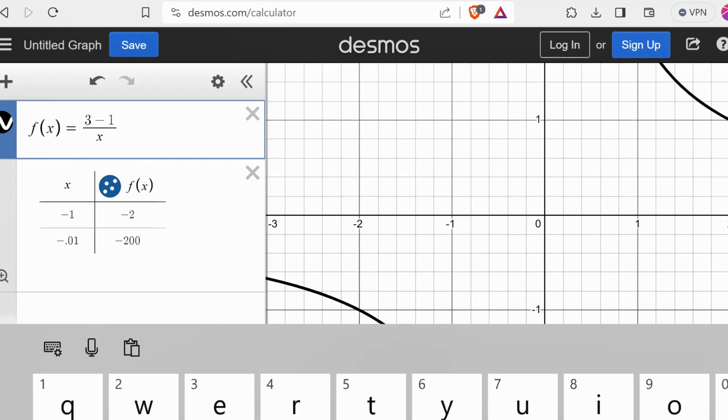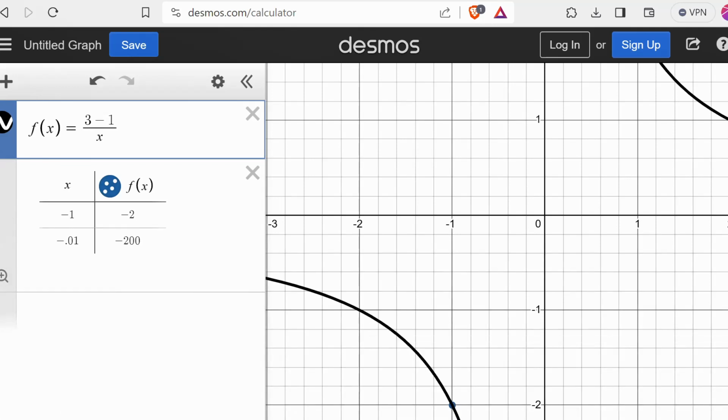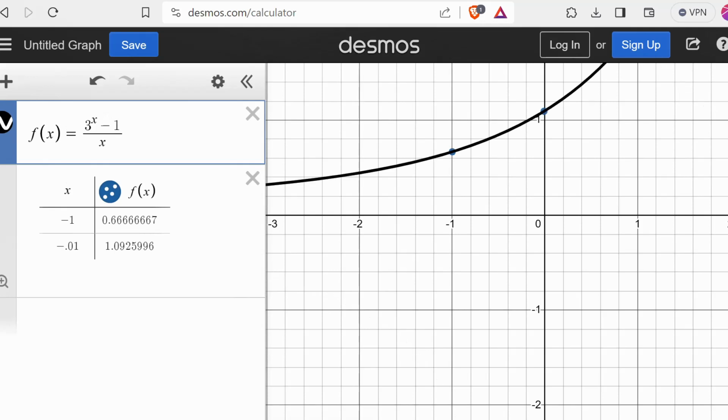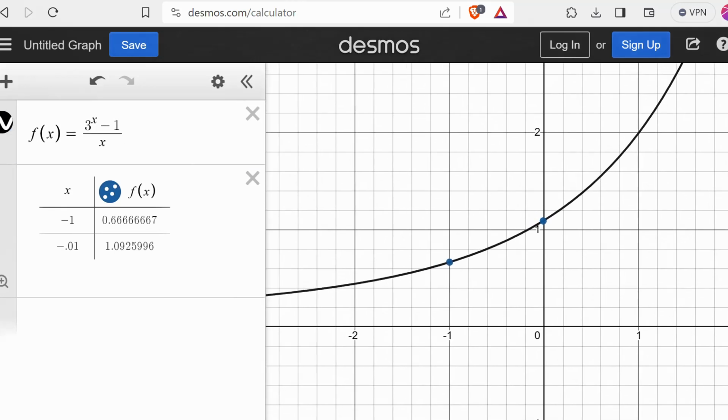Okay, I don't see the power there. Is that going to do it? Hang on one sec. Okay, and so here we are with our 3 to the x minus 1 over x.